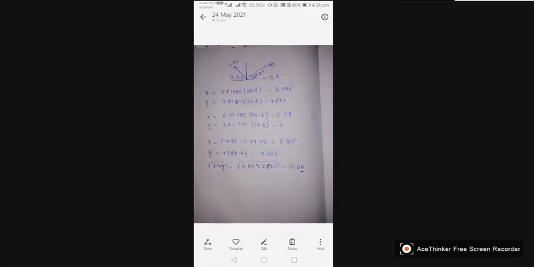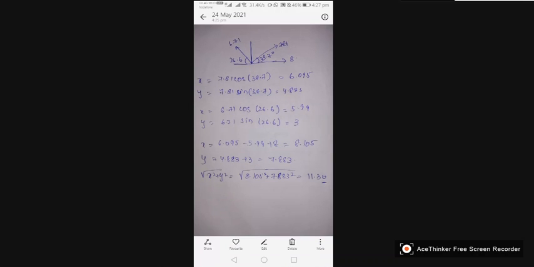Now your letters are very small. Slightly increase it. Okay. You can divide it into two parts and then show me. Okay, sir. And then you have added all x components and all y components.